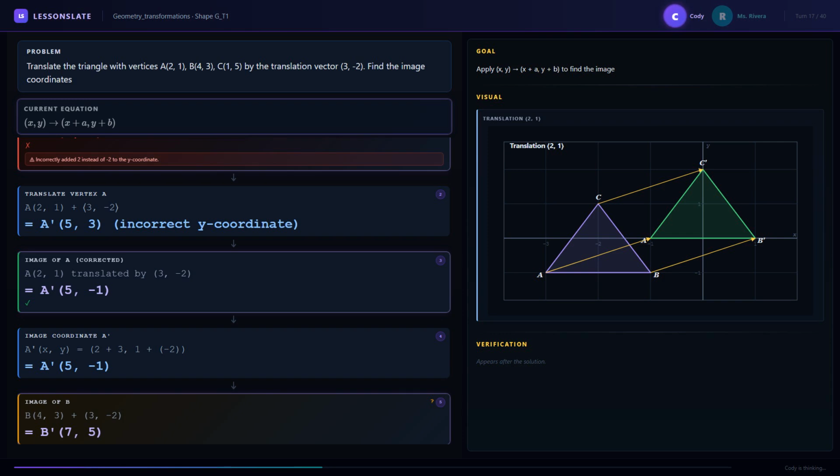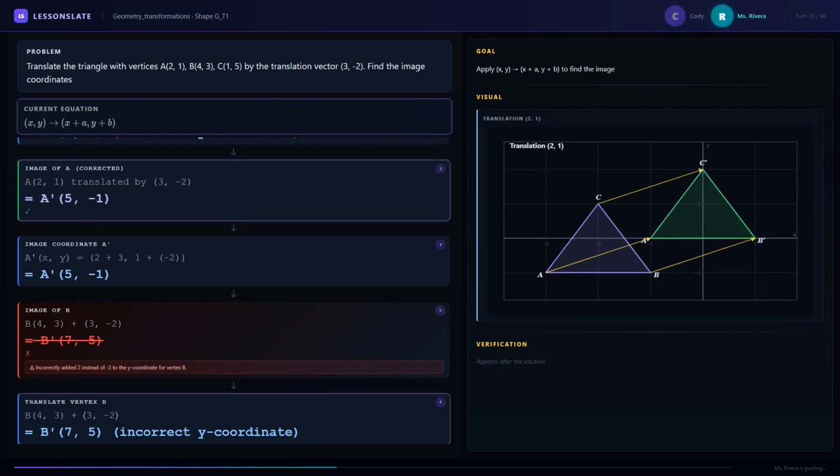Does that look right for the second point, Ms. Rivera? You're consistently applying the translation to the x-coordinate correctly, Cody, which is great. However, I see a similar small oversight with the y-coordinate for B prime. Remember, the y component of our translation vector is negative 2. How does adding negative 2 affect the original y-coordinate of 3? Can you recalculate B prime with that in mind?